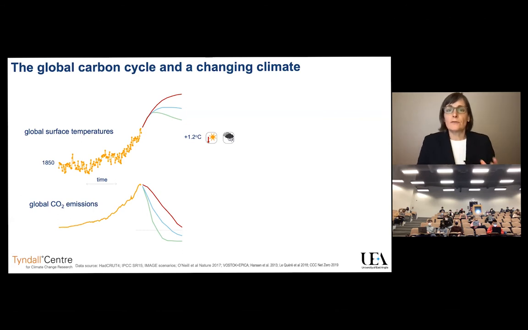So it's not enough to stabilize the emissions. You have to actually stop emitting carbon dioxide to the atmosphere, because CO2 is a long-lived greenhouse gas. Once you've emitted it, it stays in the atmosphere for a long time.